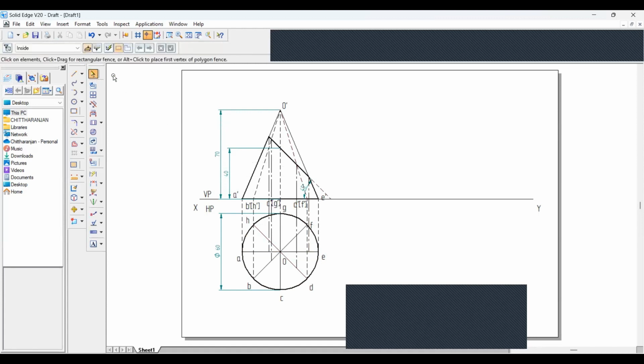Now give the names for that. This is 1 dash, 2 dash of this one, and it should be dash, and 3 dash, 4 dash, and 5 dash.